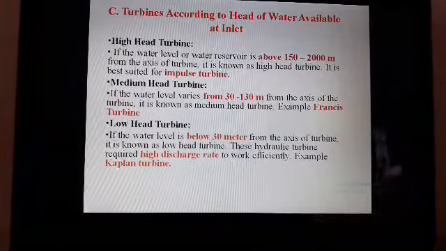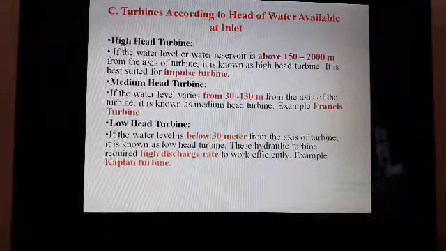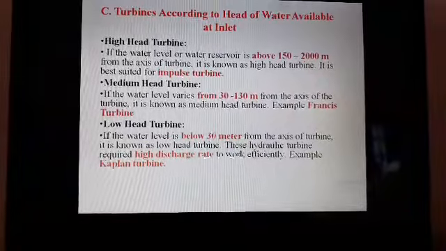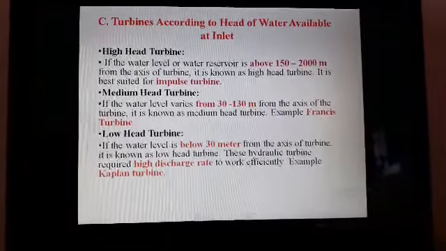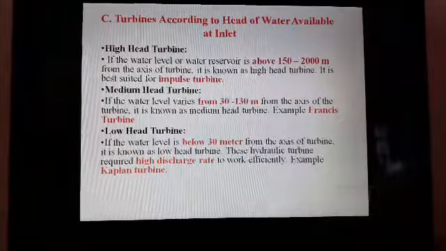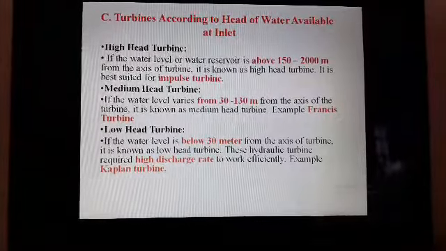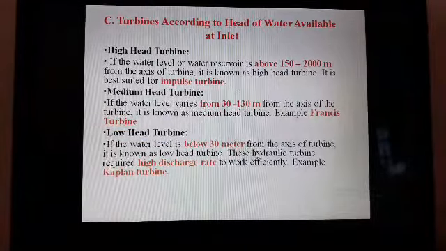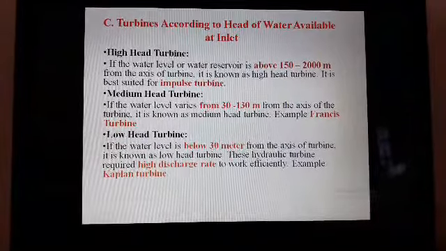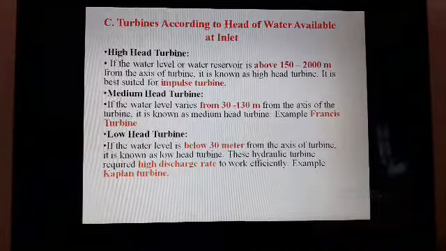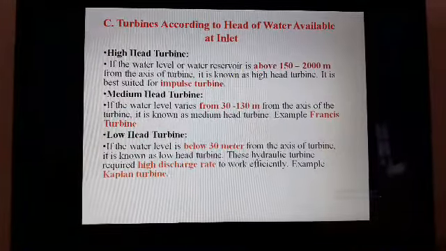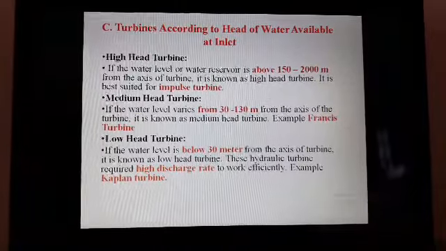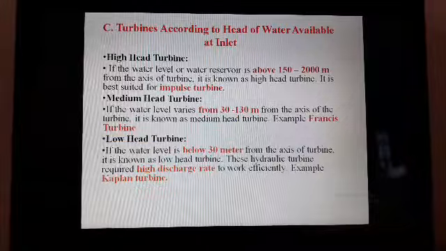In medium head turbines, the available head is between 30 meters and 130 meters. The Francis turbine comes into this category. The third one is low head turbines, in which the available water head is below 30 meters from the axis of the turbine. Generally, low head turbines are high discharge rate turbines. So Kaplan and propeller turbines are low head turbines.